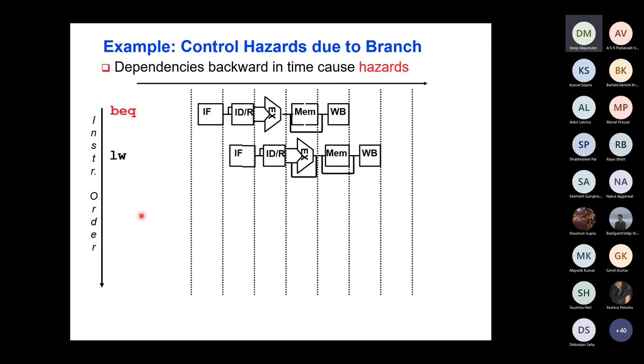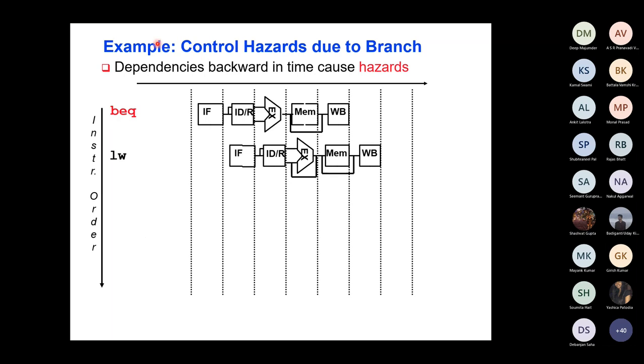There is a branch instruction, and the next instruction is load. The next instruction will be executed if the branch is not taken. If the branch is taken, then the target instruction will be executed, which is somewhere later or earlier.